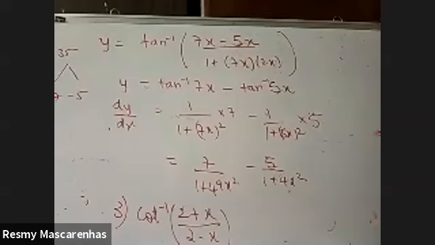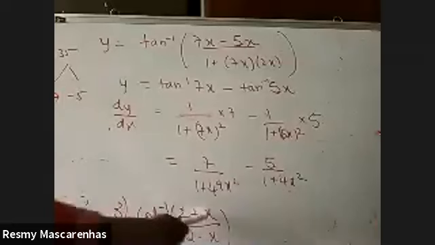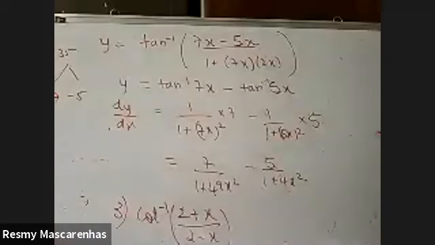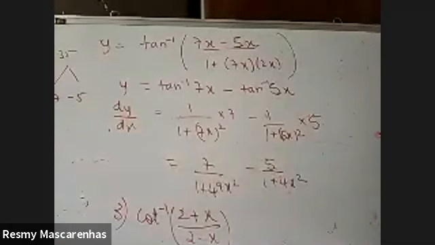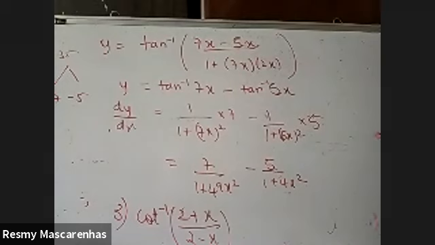Third one is 2 plus x upon 2 minus x. So first reverse, and make it tan inverse.